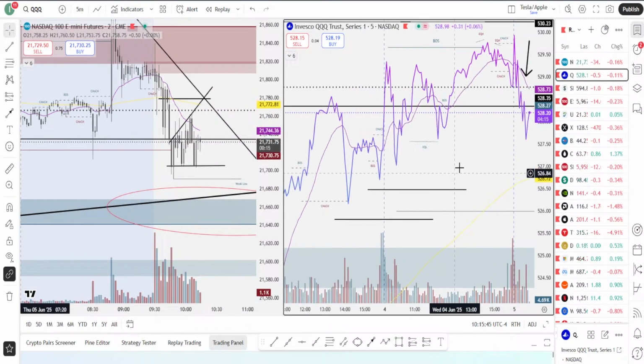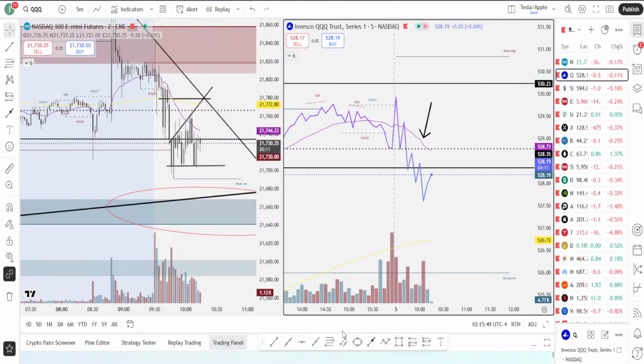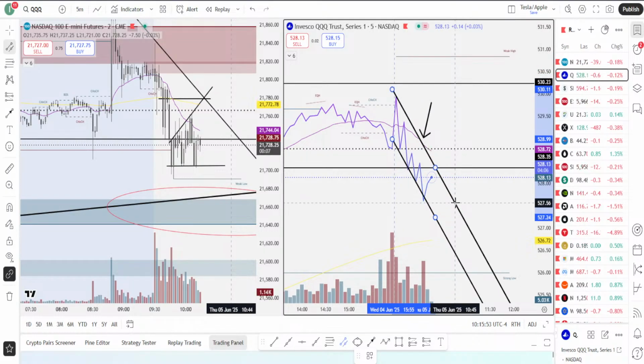This one on the 5-minute. So this is what I would do. I would play something like this. We got a downtrend right there.